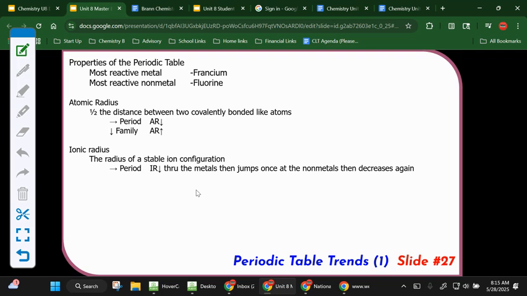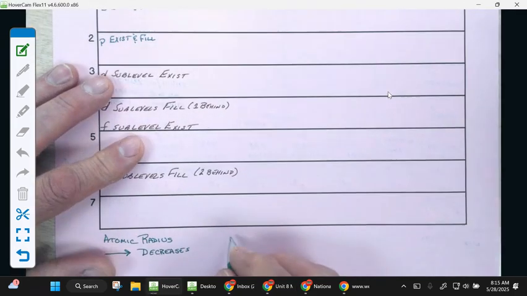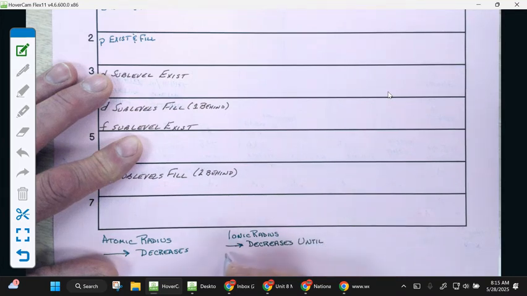Okay? So we need to somehow capture that on this periodic table here. So, okay, here we go. Ionic radius. As we go across the period, decreases until you get to nonmetals.